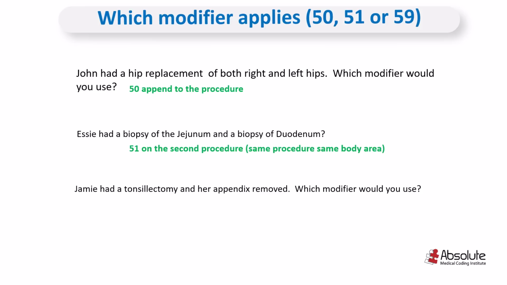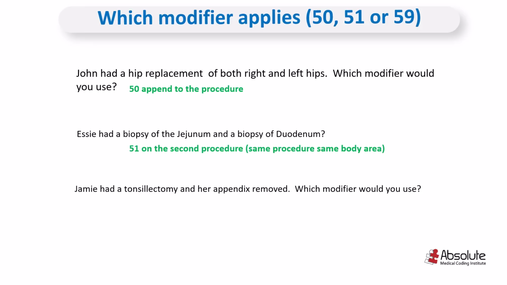We'll determine, is the jejunum or duodenum more comprehensive? Whichever is comprehensive, we'll sequence that first, followed by the second procedure with a 51 modifier. Why is this 51? Because we had the same procedure, biopsy, on the same body area.